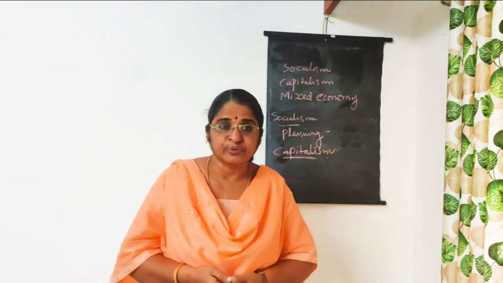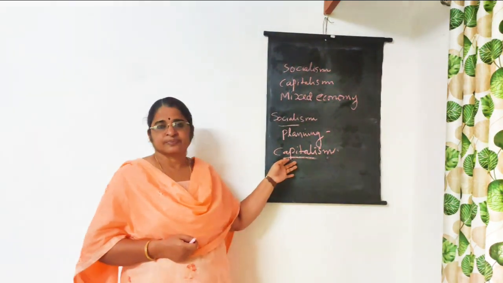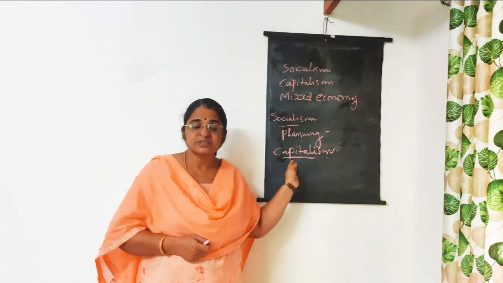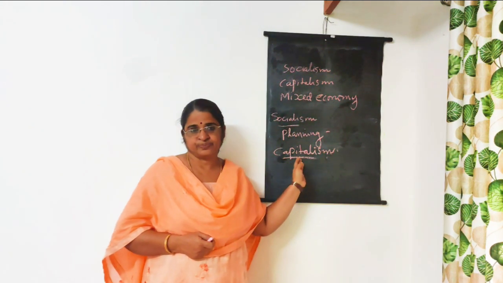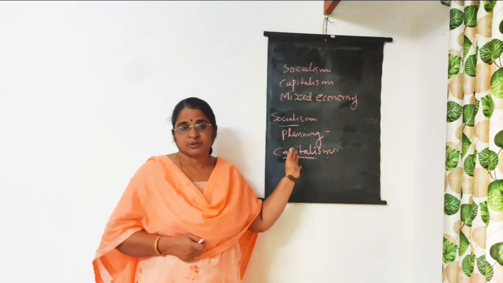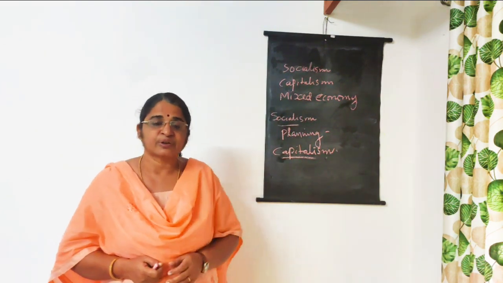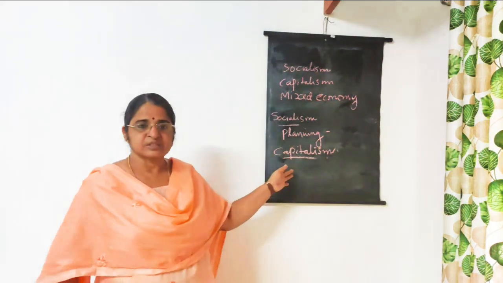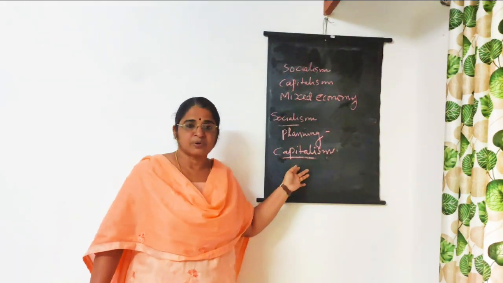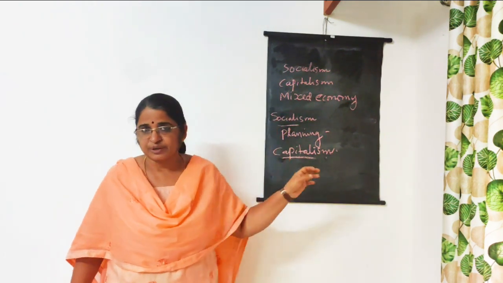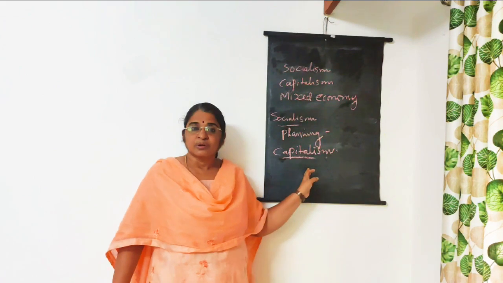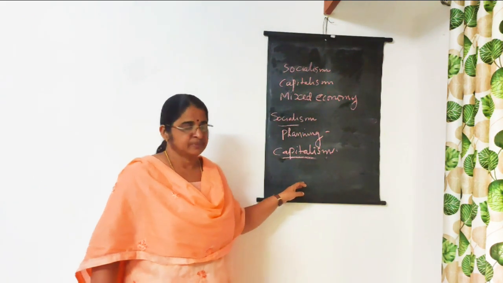There is freedom of enterprise. Their aim is to maximize their profit, not the welfare of the people. In capitalist countries, the central economic problems are solved with the help of the price mechanism.